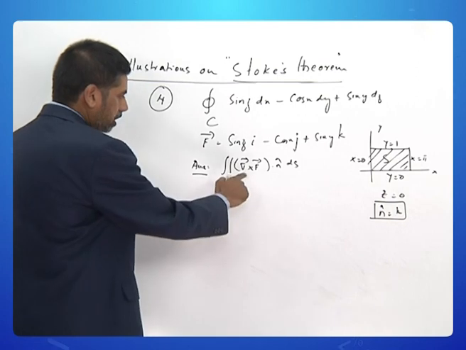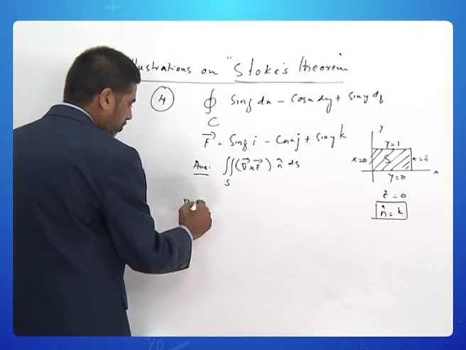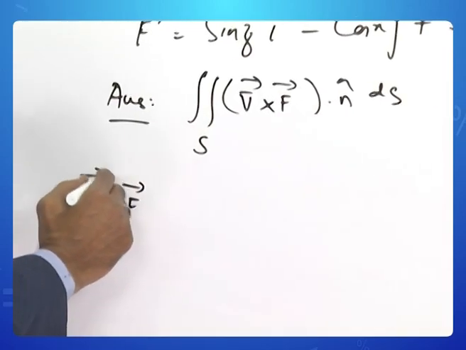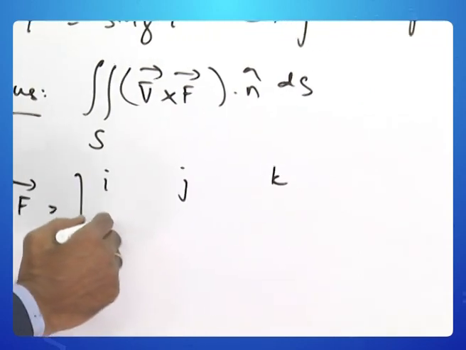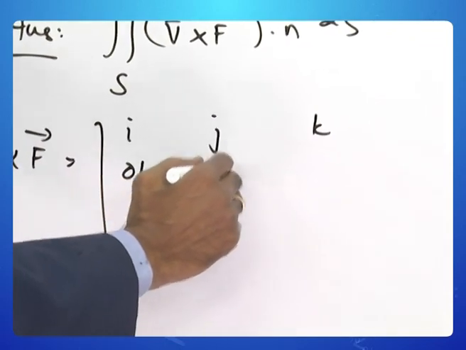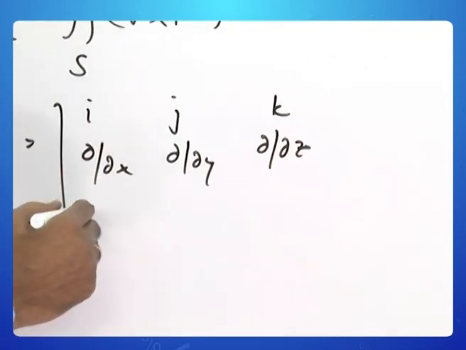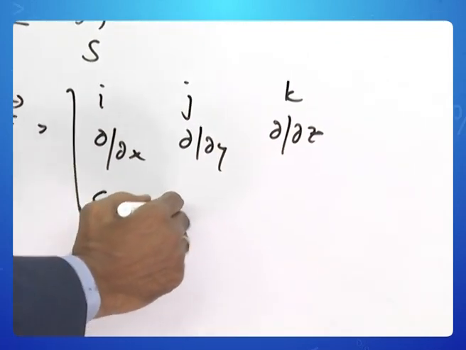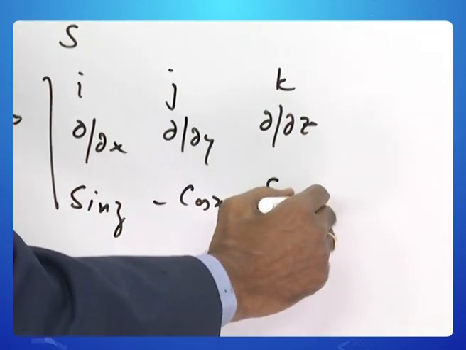So what we need is del cross f, for which we must take the curl of the field. Del cross f is equal to the determinant of i, j, k; dou by dou x, dou by dou y, dou by dou z; sin z, minus cos x, and sin y.